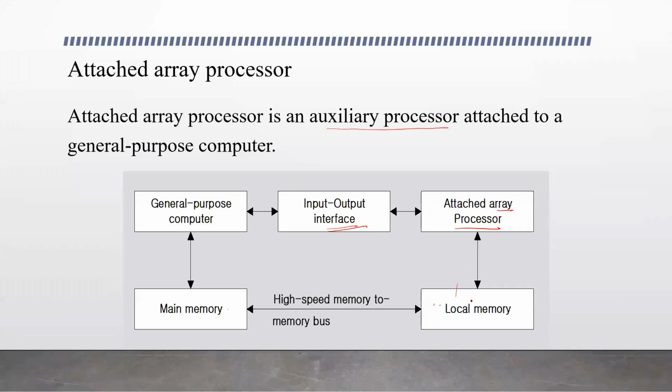The local memory, like a cache memory, transfers the data faster, operating at the same speed as the processor.